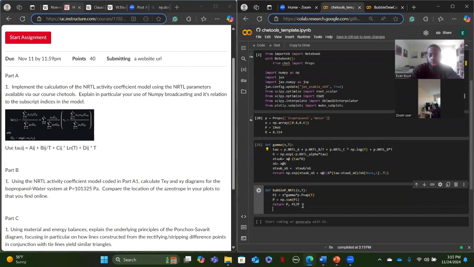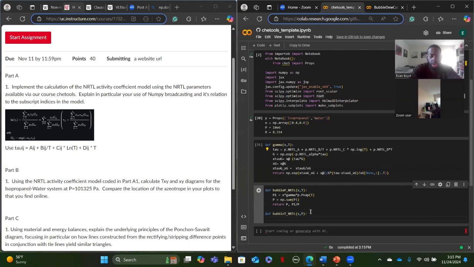All right, now let's go over to our bubble T. This is a little bit more difficult, especially in a non-ideal system. If you remember, we have to have a temperature guess to find our actual temperature for our bubble T. It's a little more difficult, but not too bad. So we do bubble T in our NRTL system, with our mole fractions and this time our pressure.